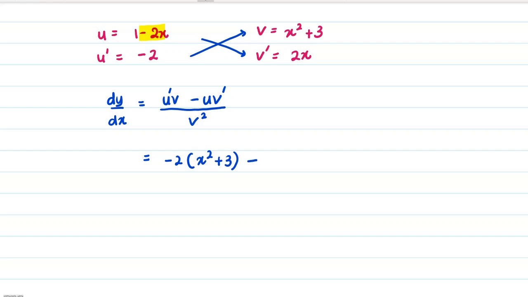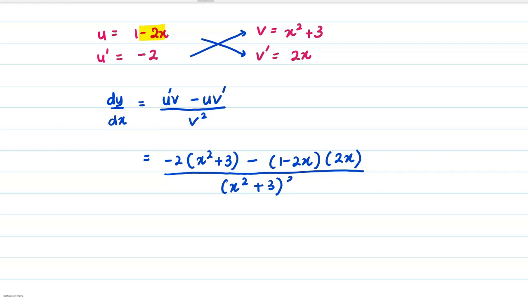And then minus, your u is 1 minus 2x, your v prime is 2x, divided by v squared. So your v squared is (x squared plus 3) squared. Remember for this question you don't have to expand. Don't expand.